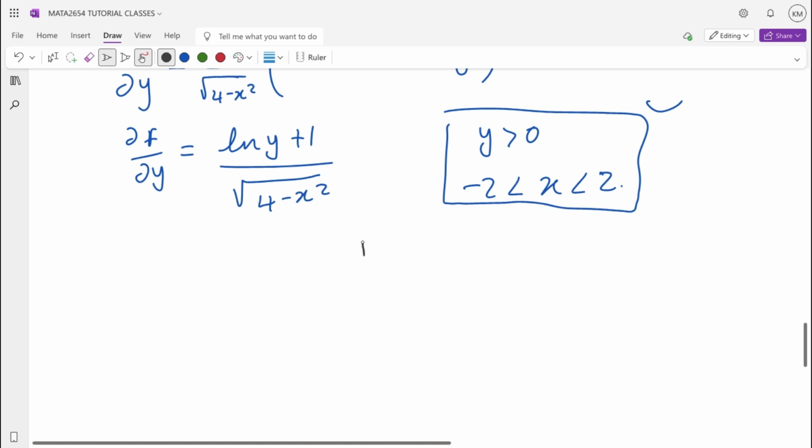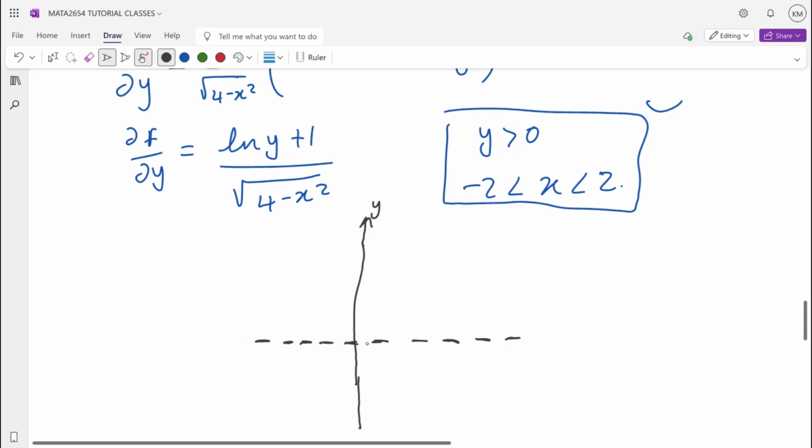So now if we sketch that domain, we're going to have something like this. This is my y-axis, and maybe let me put my x-axis right there. But be careful that your x-axis has to be a dotted line in this case. It cannot be solid, because now we want y to be strictly greater than 0.